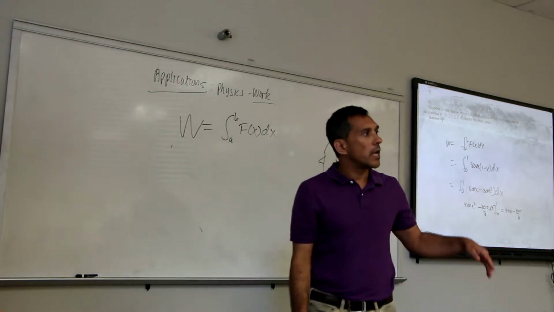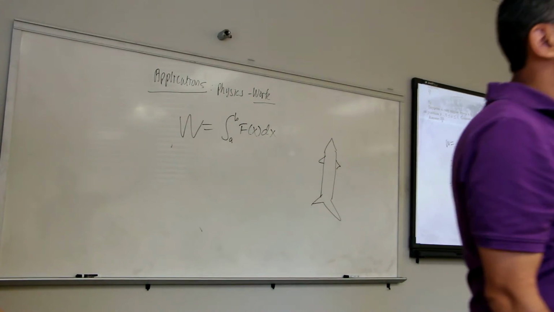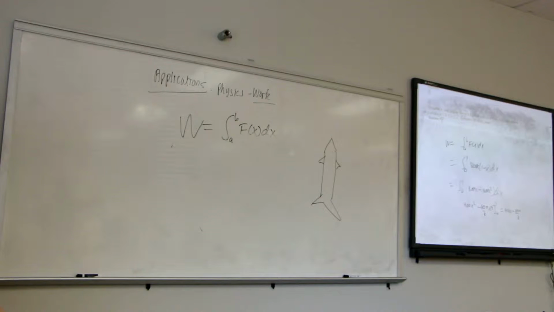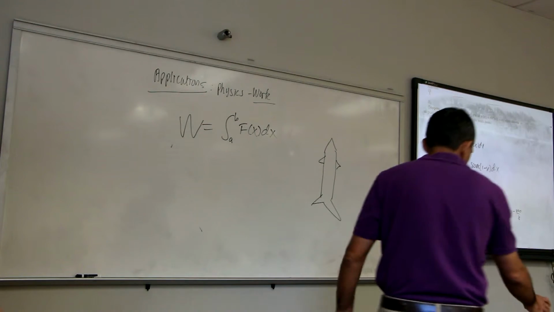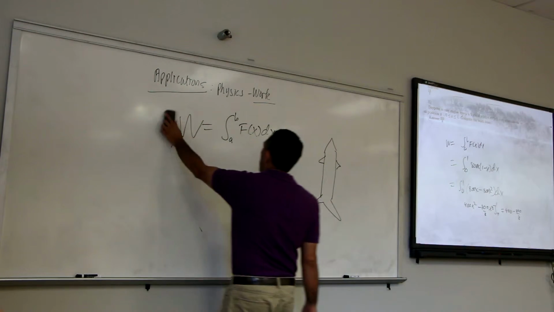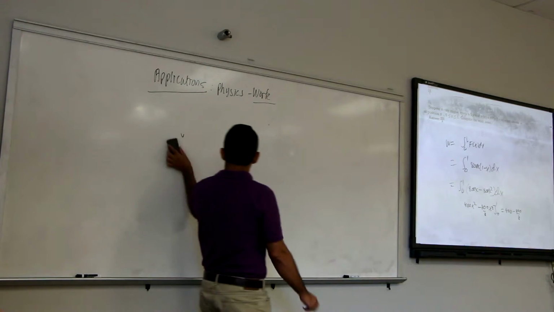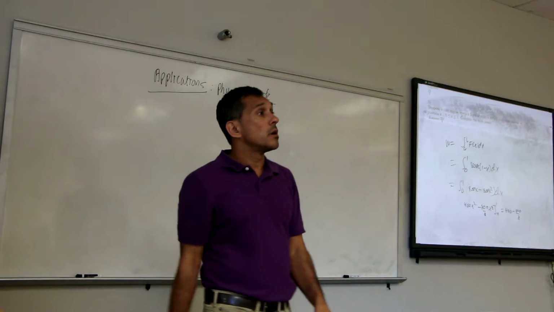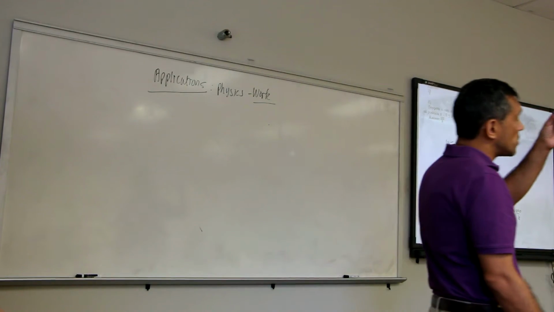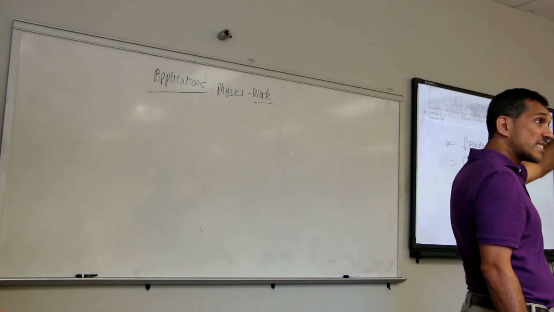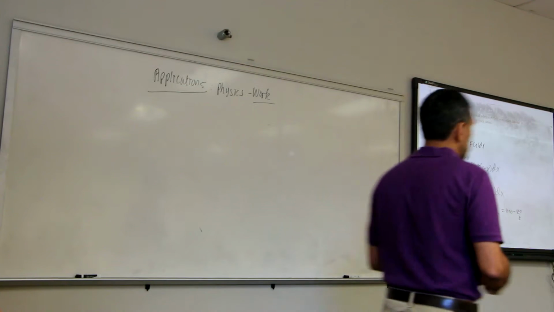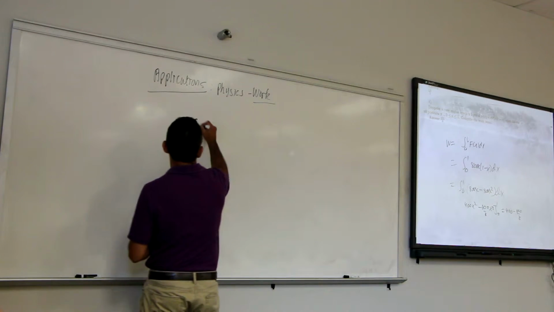Now, the question is how did the physicist or the mechanical engineer determine that this was the force? Now, there are some forces that you should know how to determine, such as a spring.